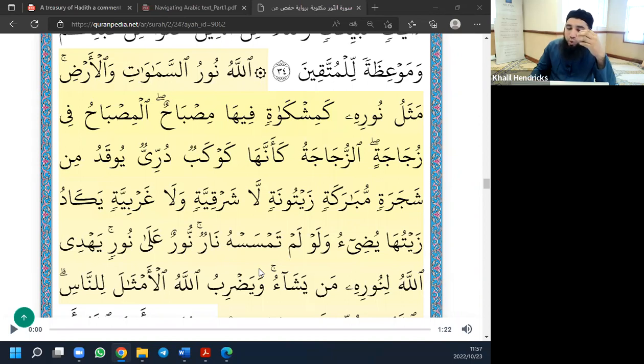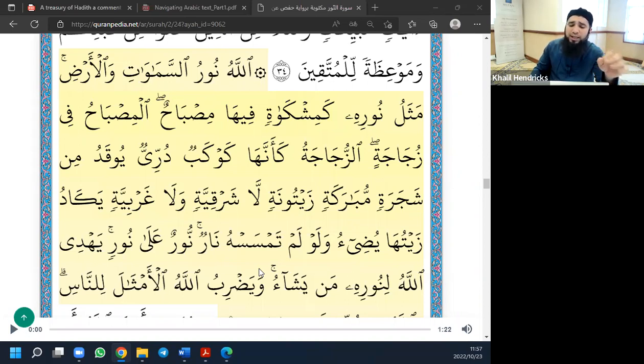It's as if the oil itself is so luminous that it shines on its own. يكاد زيتها يضيء ولو لم تمسسه نار. It's as if the oil is so luminous that it gives light even though no fire has touched it yet. It's not yet a light. It's as if it's already shining.